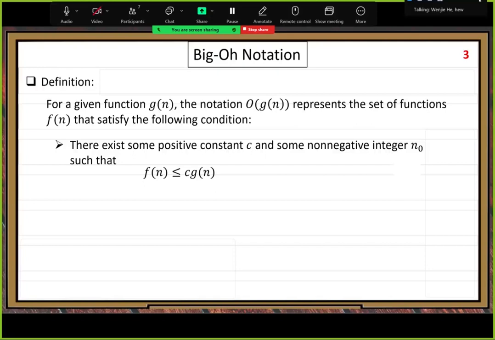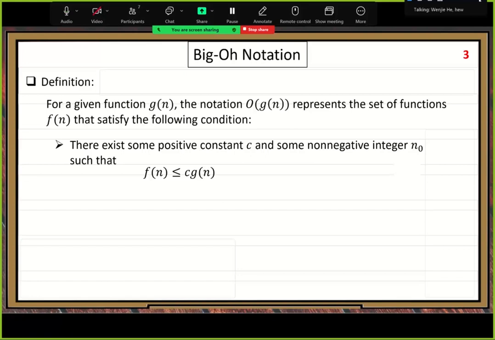For big O notation, we only look at the upper bound of the f function. We use a constant multiple of the g function to approximate this function from the upper bound side.